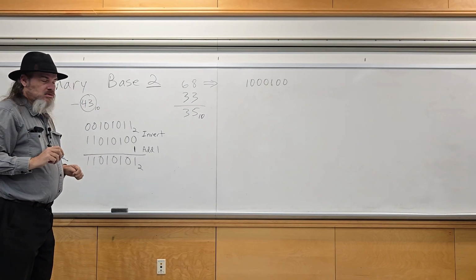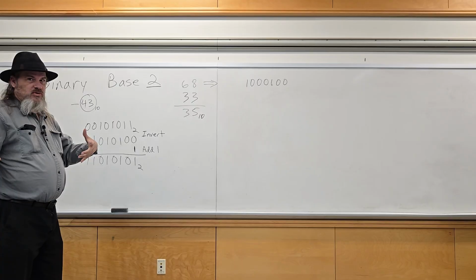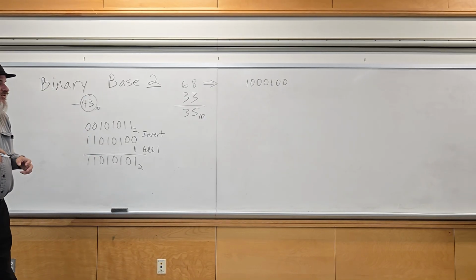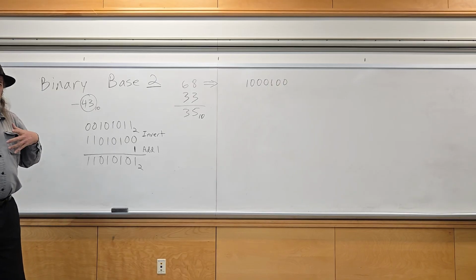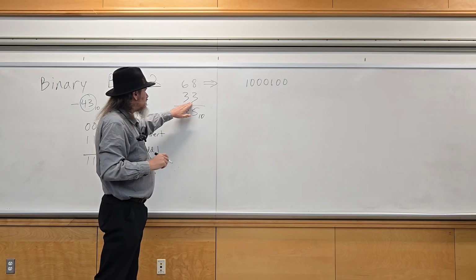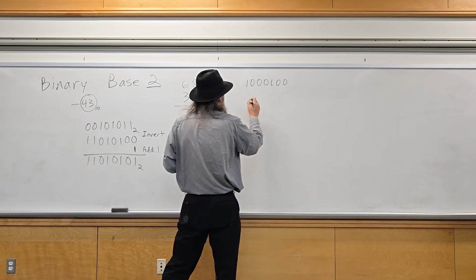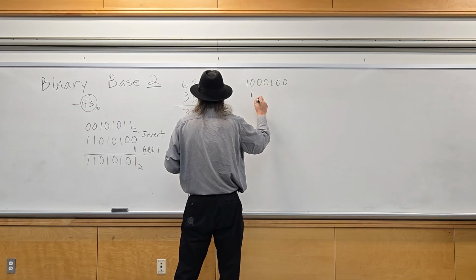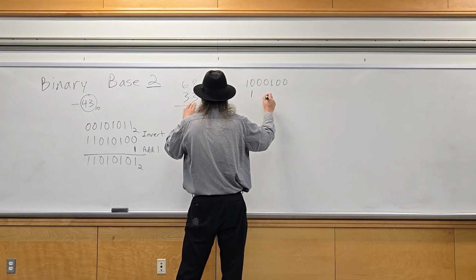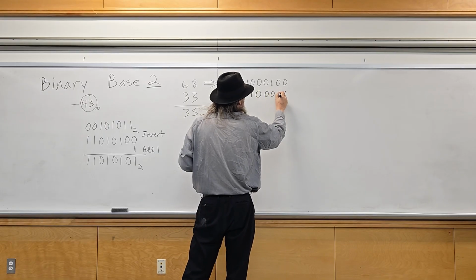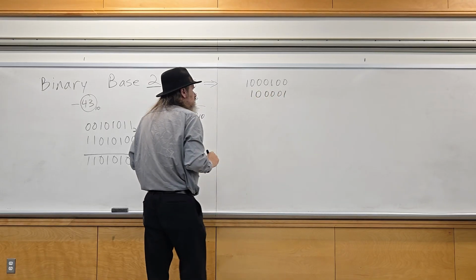Okay. With practice, you can do this in your head too. I'm just kind of moving things along here. 33, you have a 32, which is this position, and then a 1 and zeros for the rest of them. Right?